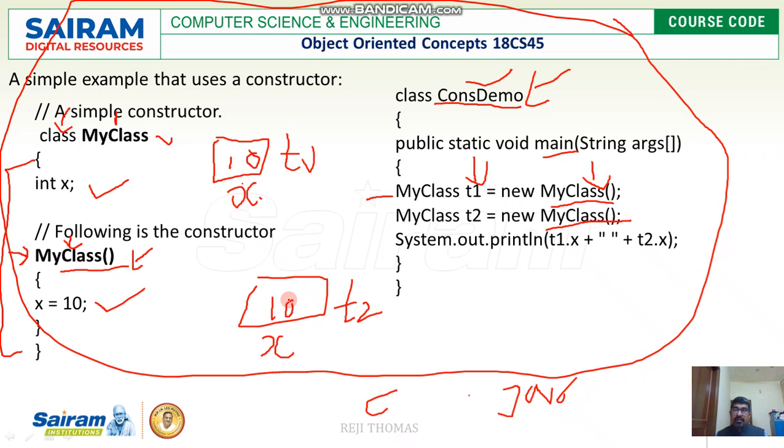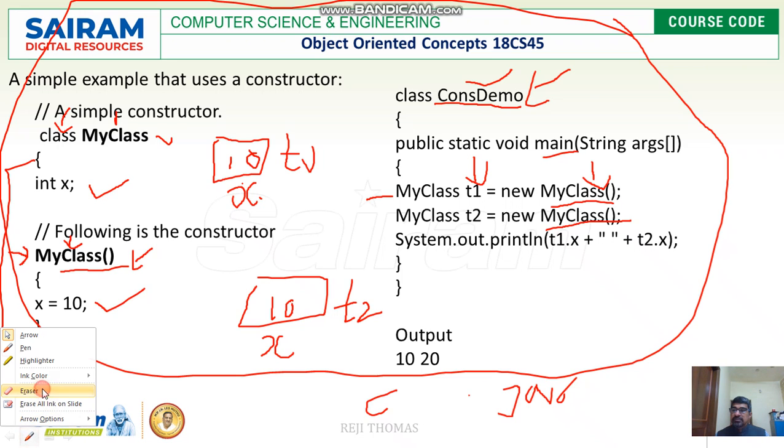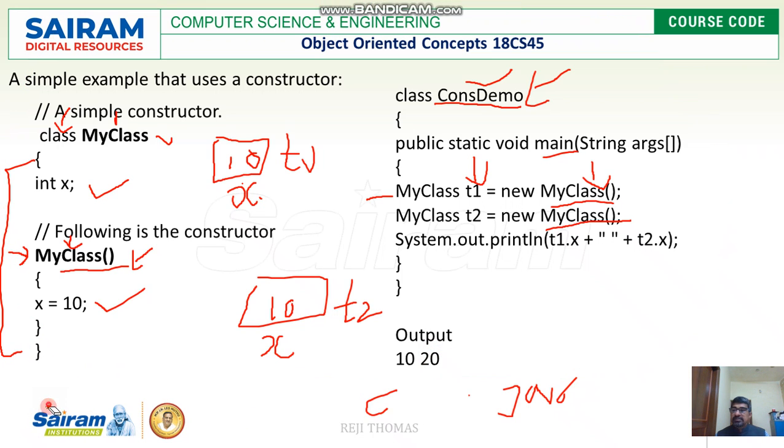Now finally, we have successfully initialized the values for the data members. So when I print t1 and t2, this is going to be 10 and again 10. This is not 10 and 20, this is 10 and 10. In both places I'll be getting the same value, right?